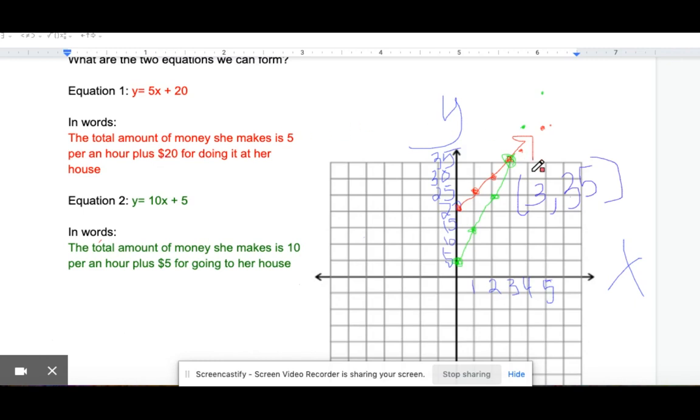But then suddenly, even though it was cheaper to do the green one, meaning she came to my house all the way until 3 hours, after that, it starts to become more expensive to do the green route. Like green ends up being worth more than red. So it kind of flip-flops. In this situation, red one's on top and green's on bottom until they cross. Then they switch, where the red becomes less and the green's on top of it.